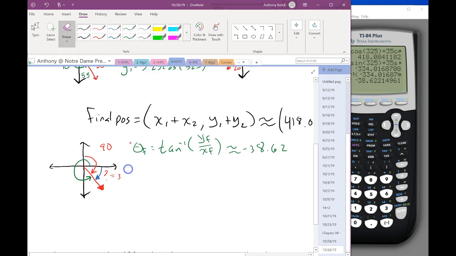Just 38.62. Why did we get to ignore the negative? Because bearings are only positive angles, so it doesn't matter which direction we're going. For bearing, we only consider going in that clockwise direction. So the positive or negative doesn't really matter to us when I'm converting that angle into a bearing. So my final bearing is going to be 90 plus that 38.62.